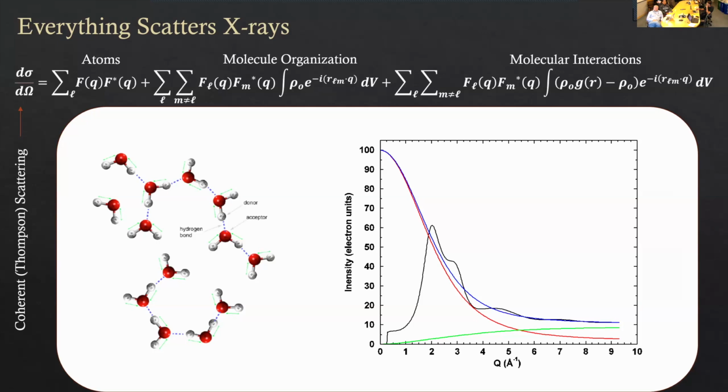So that's the stuff that generally we're interested in small angle X-ray scattering, this middle term. But then later on, there's also particle interactions, so water molecule to water molecule to water molecule. And that organization of ice-like patterns will give you a very interesting scattering profile from just water itself. Okay, so this is the scattering profile of water itself.